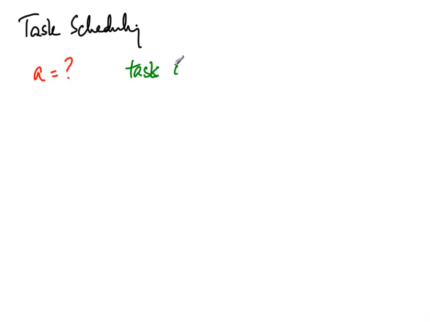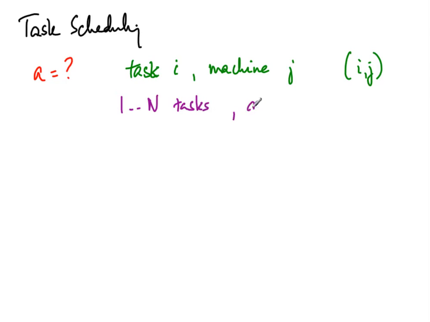What about the task scheduling problem? So here, what is A? If I have task I assigned to machine J, I can think about it as a pair I comma J. So I comma J means task I is assigned to machine J. Now we know that there are 1 to n tasks, and at most 1 to n machines.